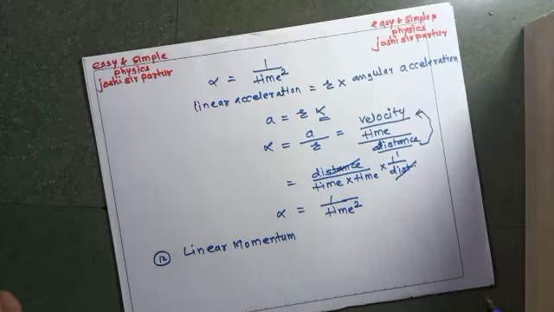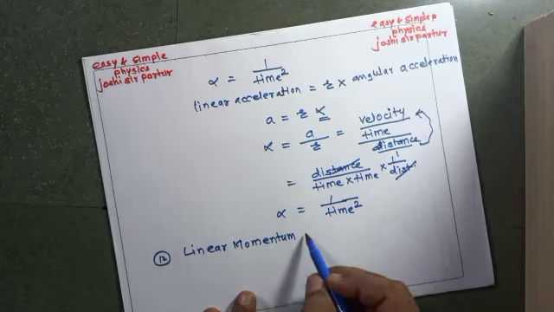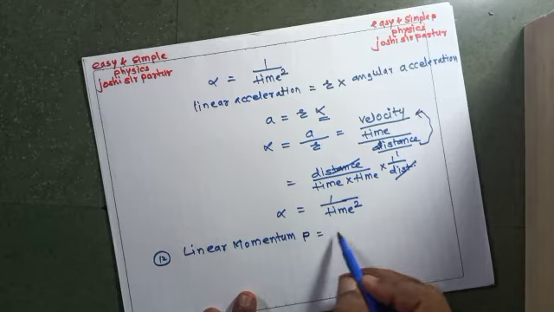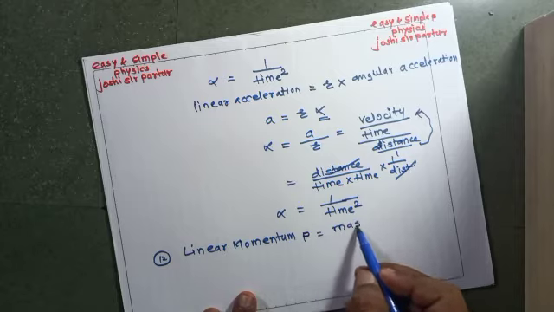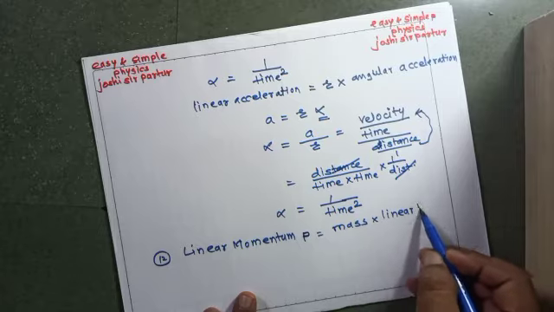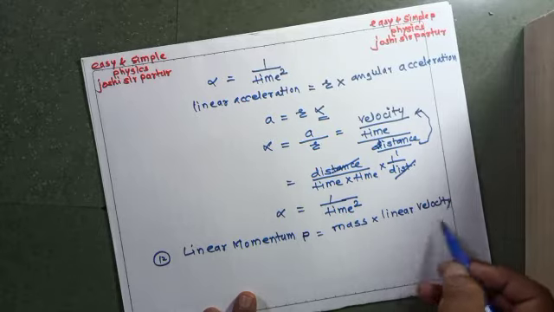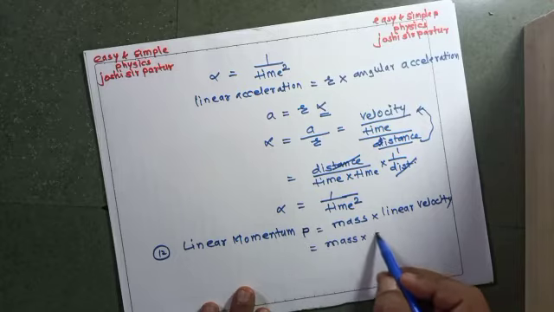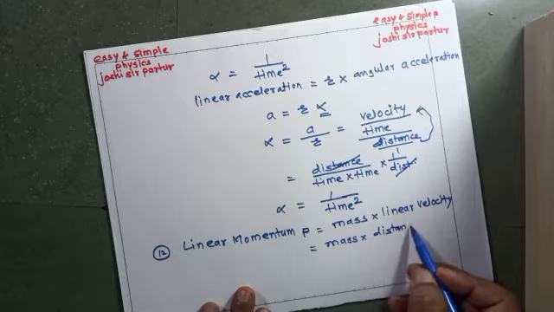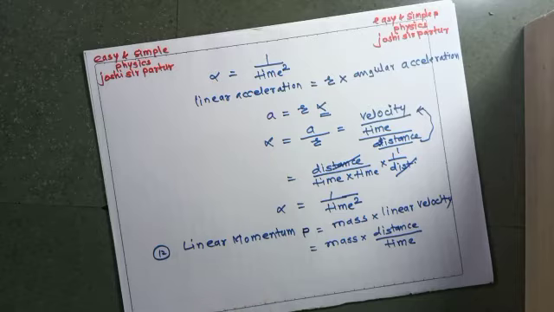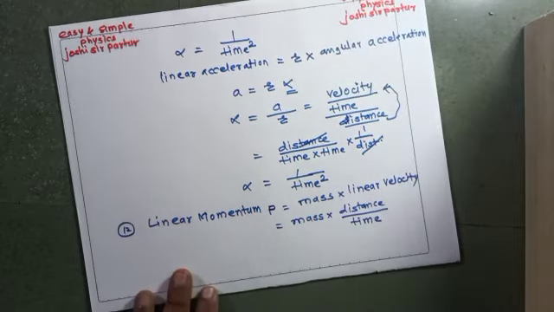That is called momentum. Linear momentum is denoted by P. It is the product of mass and linear velocity, meaning mass multiplied by distance upon time. That is the formula for linear momentum.